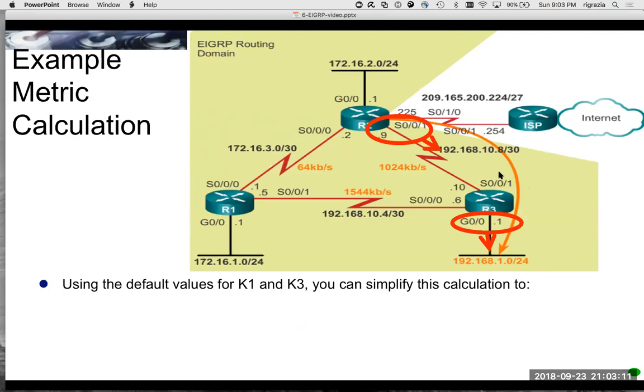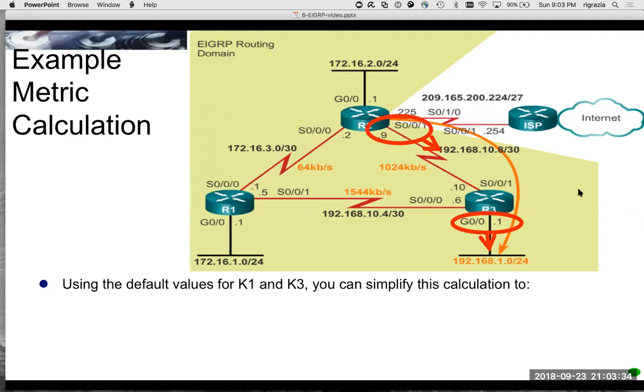EIGRP uses the information from the outgoing interfaces of all the routers from router R2, and in this case, it's just two routers, R2 and R3. If there were other routers, it'd be all the egress or outgoing interfaces.